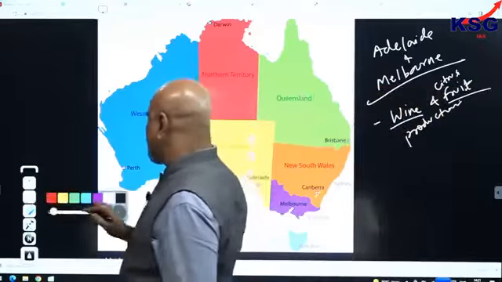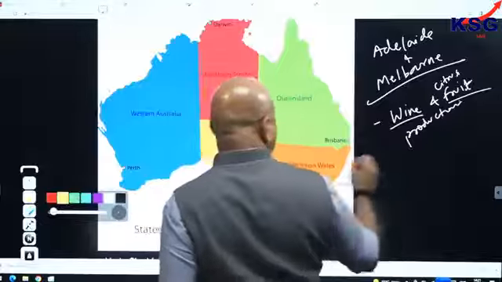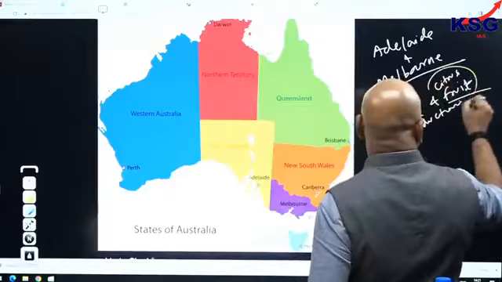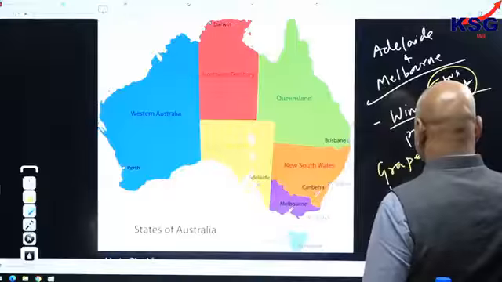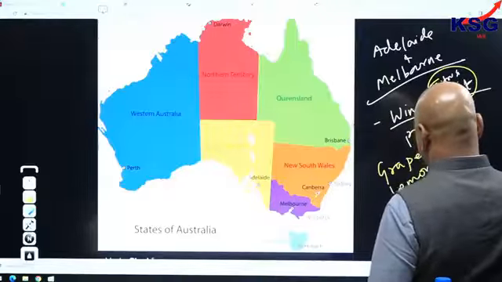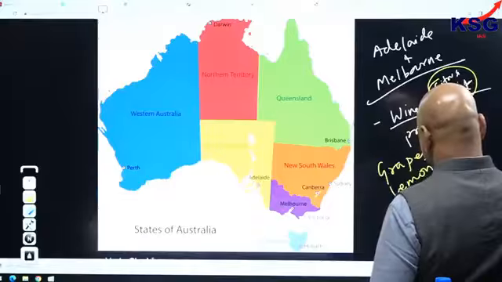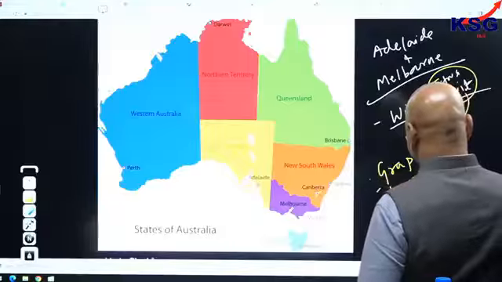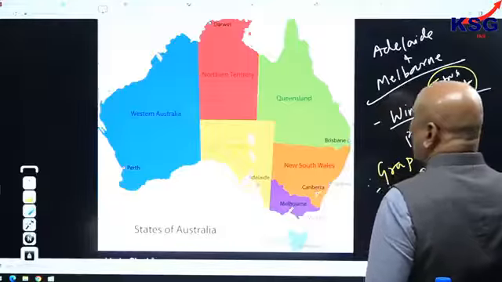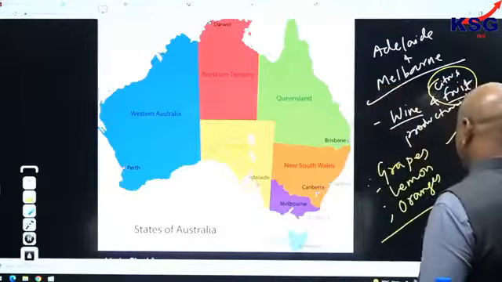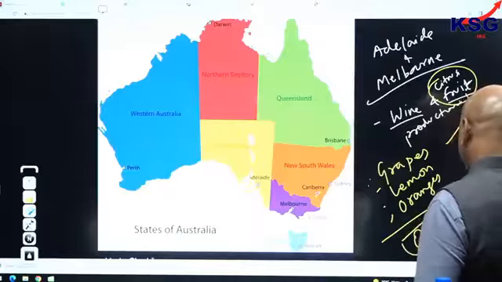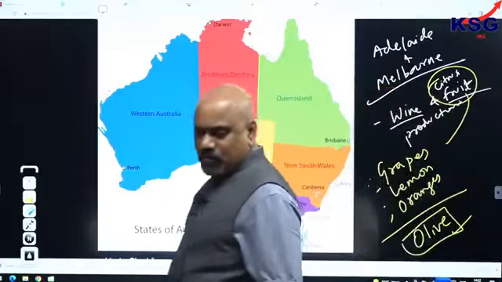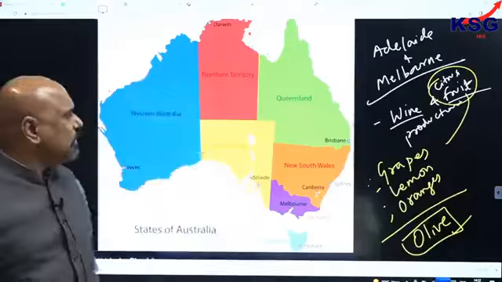What are those citrus fruits? Mostly the citrus fruits here include grapes, lemon, oranges, all these things they cultivate. Also olive is cultivated here, olive tree also. Olive is not citrus, but olive they also cultivate in these regions. Well known for all these.